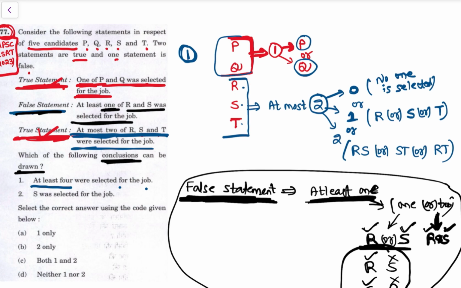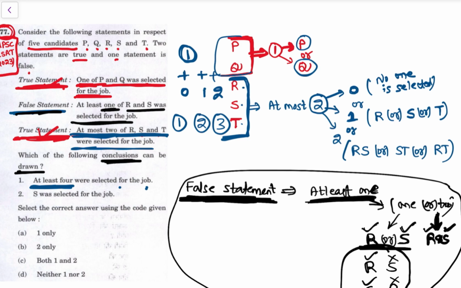And among R, S and T, it can be 0, 1, or 2. If 0 is selected among R, S and T, only 1 is selected in total. If 1 is selected, that is 1 plus 1, 2 are selected. And if 2 are selected, only 3 are selected.